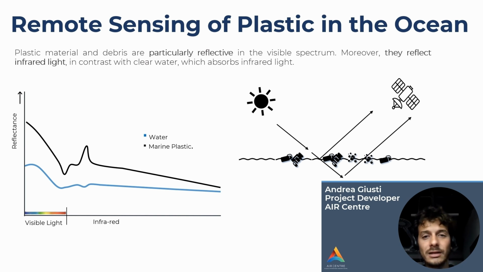And this means that they bounce back a significant amount of visible light. But what is even more interesting is that they reflect also in the infrared part of the spectrum. And in contrast, clear water doesn't have this behavior. It absorbs instead infrared light rather than reflecting it. And this type of difference allows us to identify and distinguish these floating materials in satellite images.